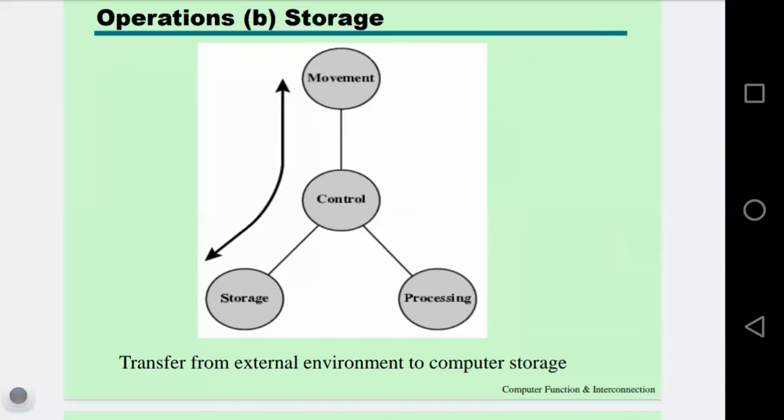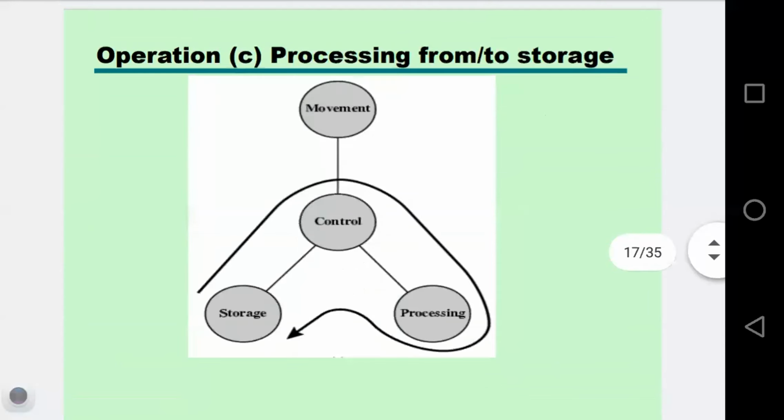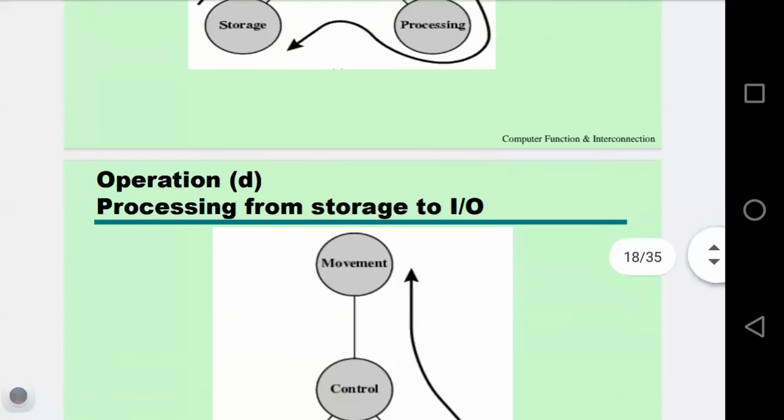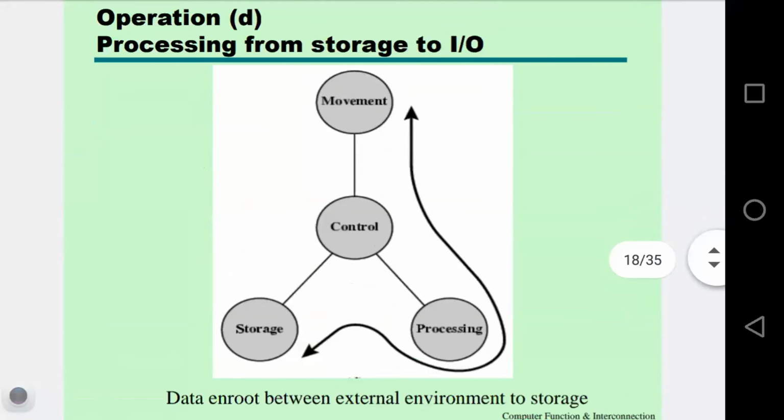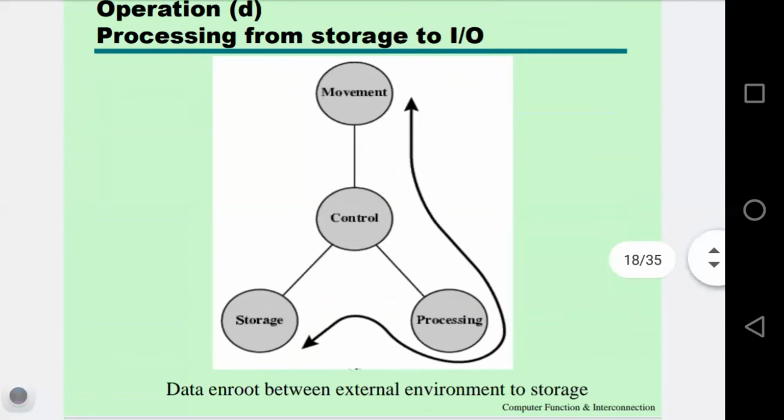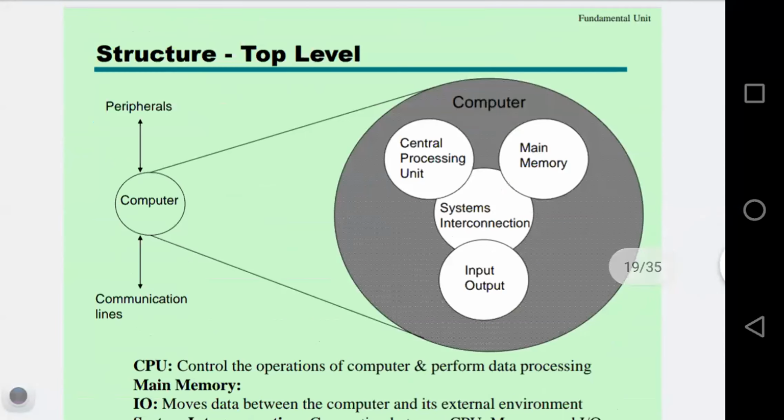This is one kind of function of the computer: we have to store the data. Again, processing is there, we have to process the data, and the control unit is required. Even when data is coming from the external environment, after processing it will be stored into the storage. So all comes under the function.